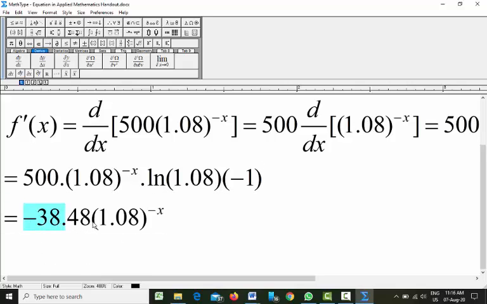You will get minus 38.48 and this one. So that's the answer.